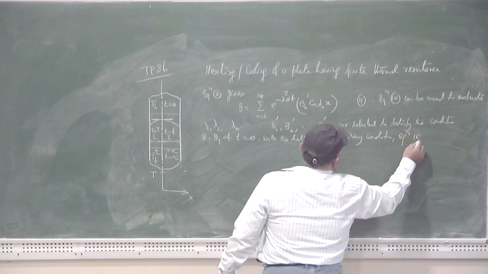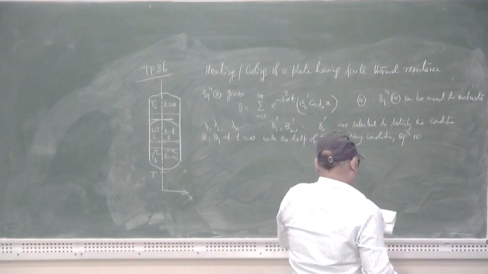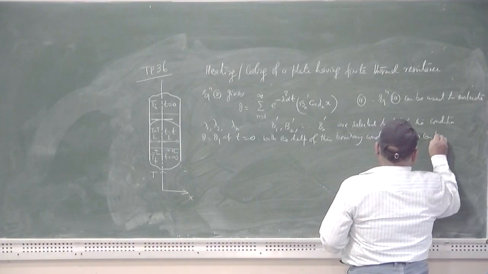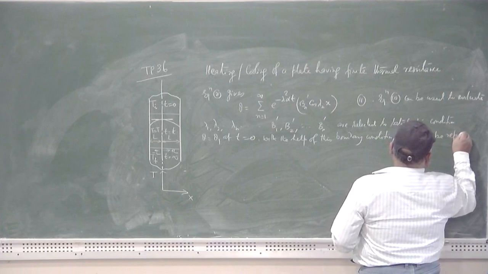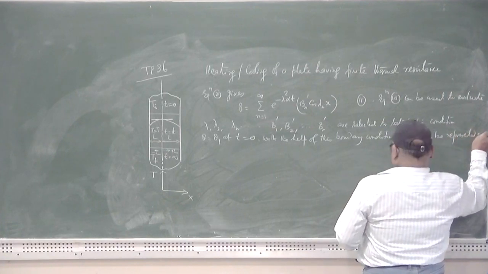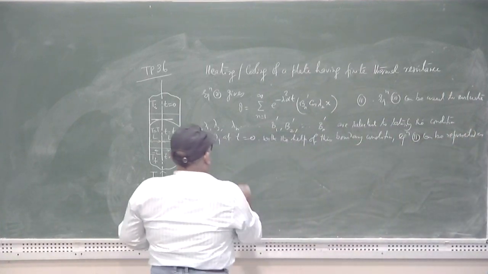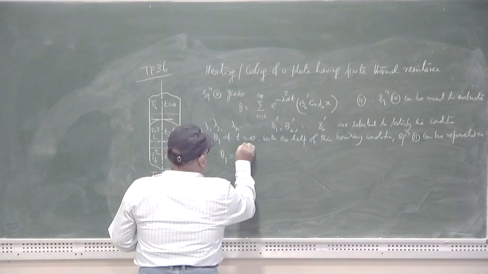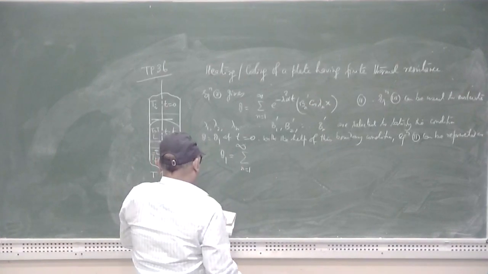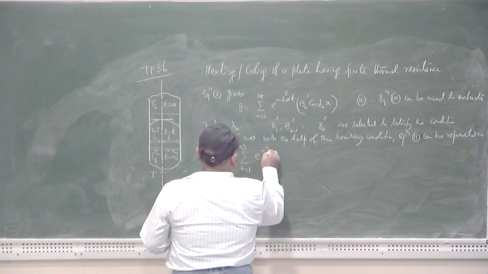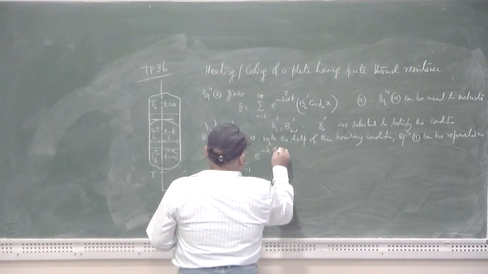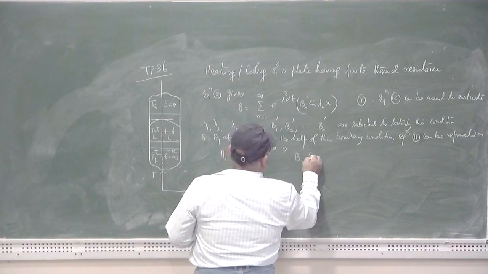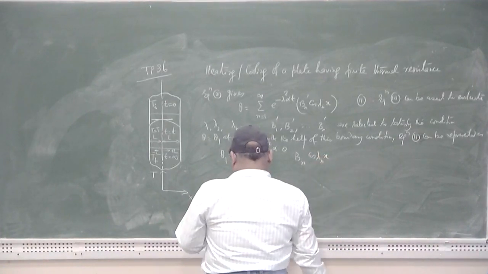equation number 11 can be represented as theta is equal to theta 1, that is equal to summation n equal to 1 to infinity e to the power minus lambda square alpha into 0 into bn dash cos lambda nx.